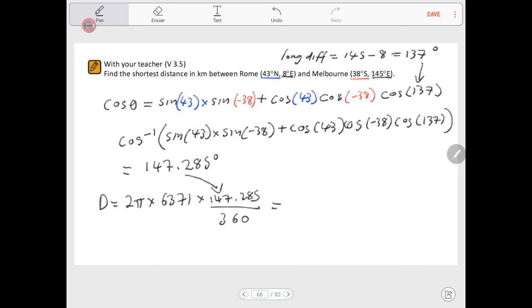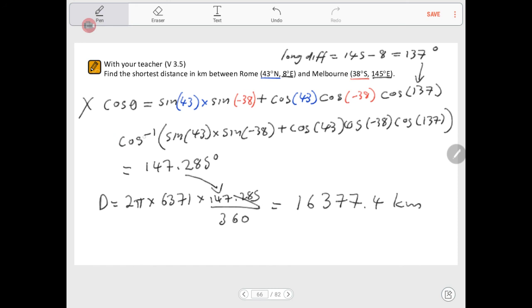So we're still just using this formula from earlier, but we've got this step at the beginning with this cosine of theta to get the angle between them. So we put that into the calculator. We should get this distance here. That many kilometers. Similar to before, but we've got this bit at the beginning to think about up here.